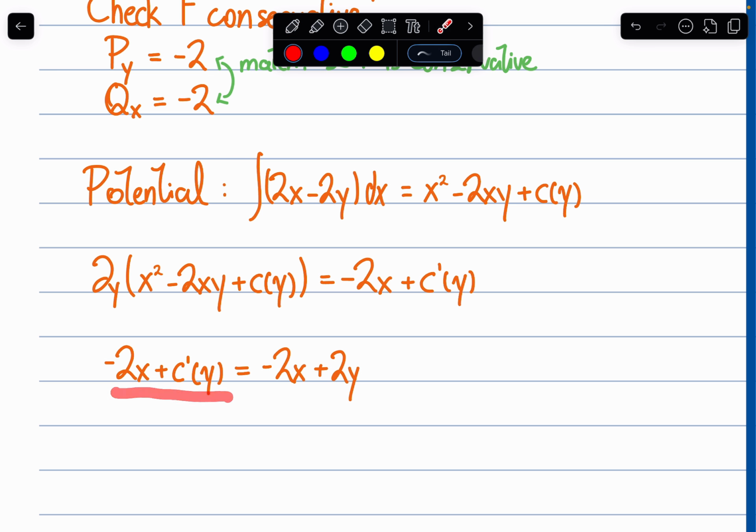This over here is the result of differentiating what we integrated first, and this over here is the second component of our original vector field. It must happen that this c prime of y coincides with 2y in order to get then that c of y is y squared.